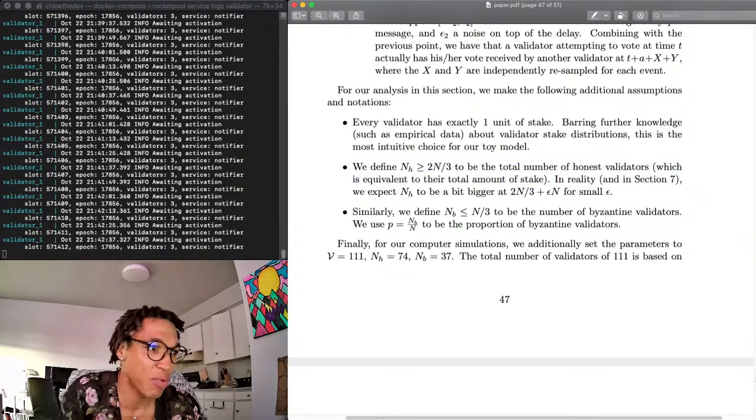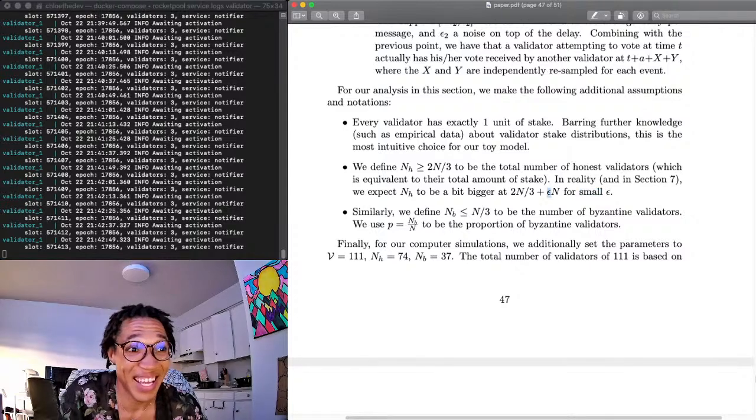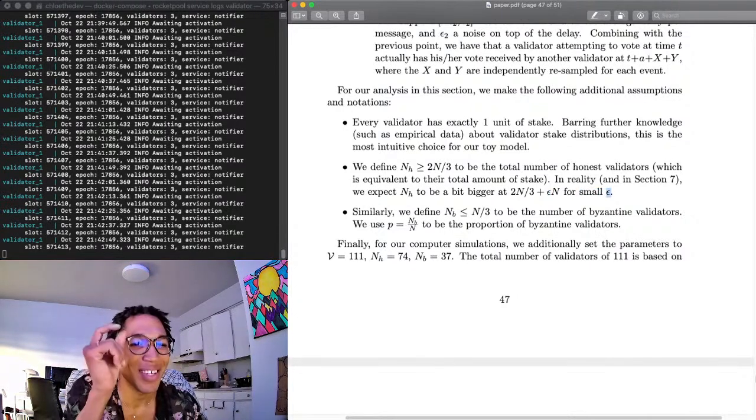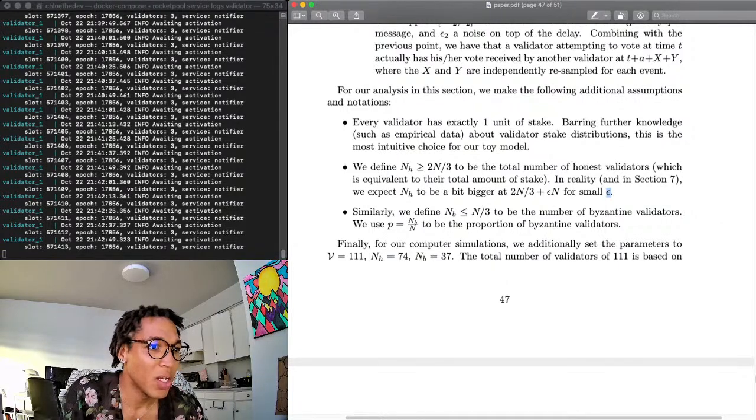In reality, and in section 7.7, we expect the number of honest validators to be a bit bigger than 2n/3 plus epsilon n, for a small epsilon. Similarly, we define NB, greater than n/3, to be the number of Byzantine validators. We use the proportion, equal to NB over n, to be the proportion of Byzantine validators.